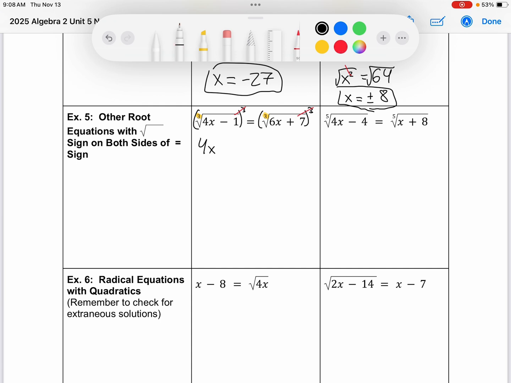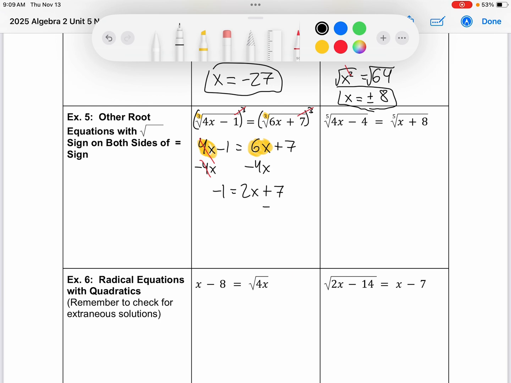So that gives me 4x minus 1 equals 6x plus 7. Since I have x's on both sides, I want to eliminate one of them. I would probably start by subtracting 4x on both sides to cancel out with the 4x here, giving me negative 1 equals 6x minus 4x is 2x plus 7.